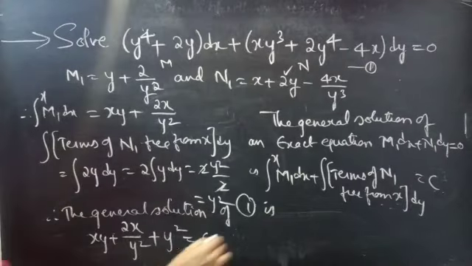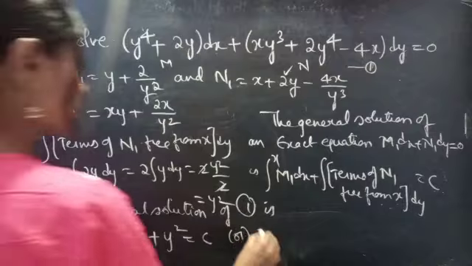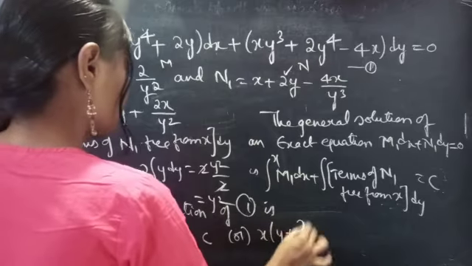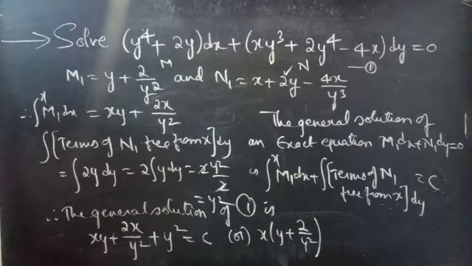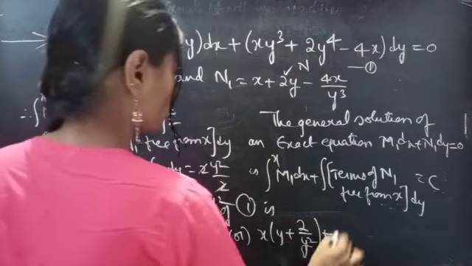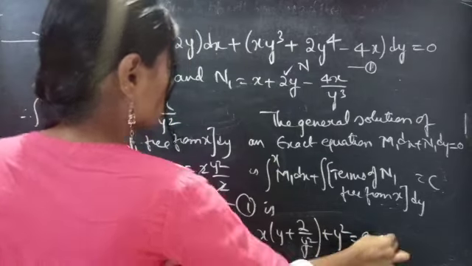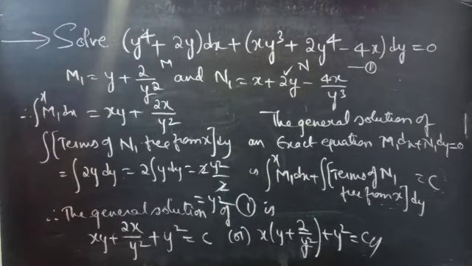Or take x common from these two terms, then you'll get x(y + 2y/y²) + y² equals c, which is the required general solution.